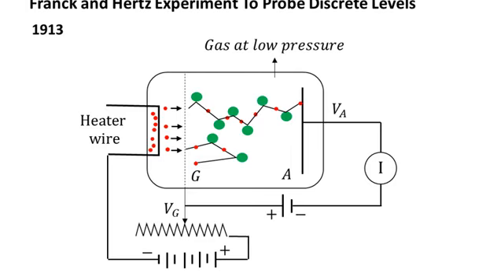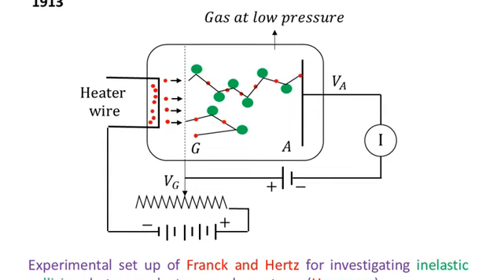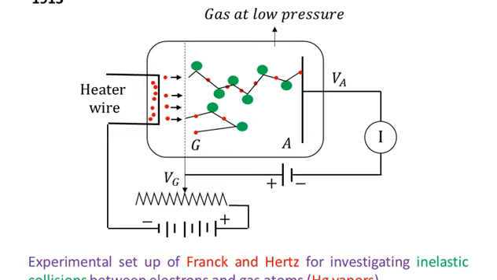The experiment is more or less the same, but there is a slight difference which I am going to explain. Number one is that we are not ionizing the mercury atoms. So we are keeping the energy of these electrons, which are produced by the heating coil heating the cathode through the thermionic process, and which are accelerated by the grid voltage V. Up to this point the assembly is the same.